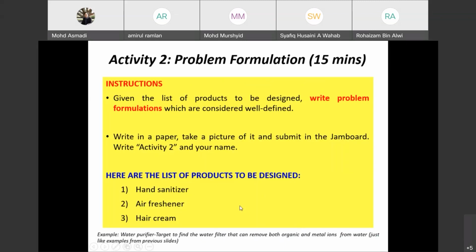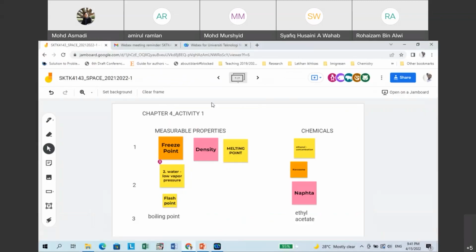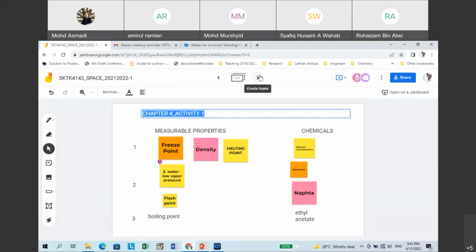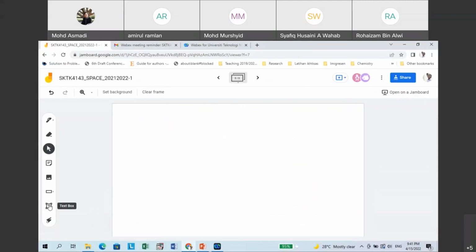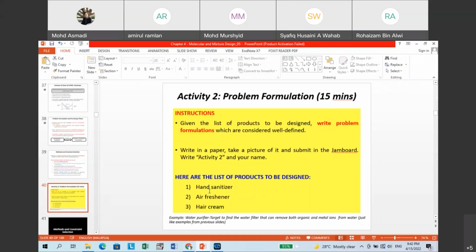Go to the Jamboard just now. Next page, Activity 2, page 8. Try to write your target. The target for hand sanitizer, air freshener and hair cream.